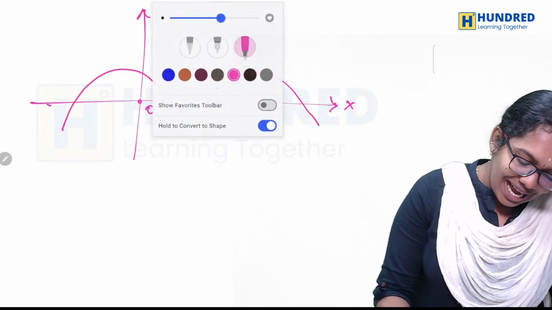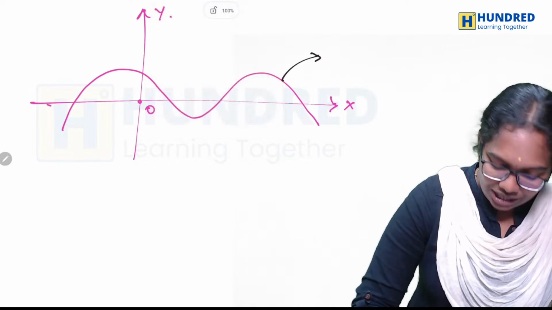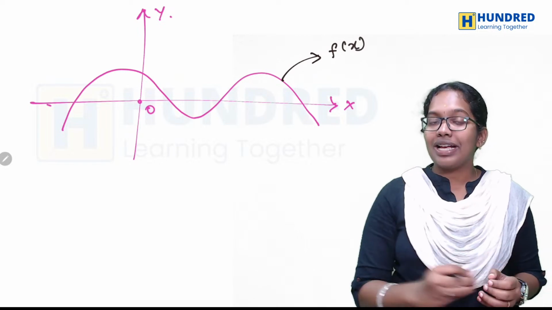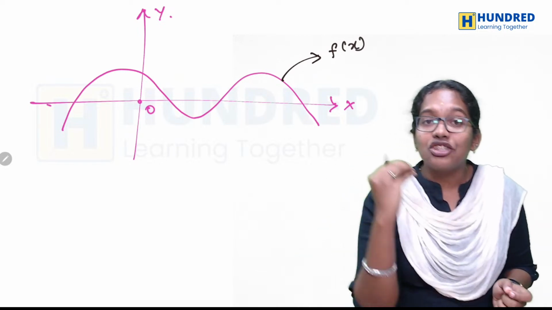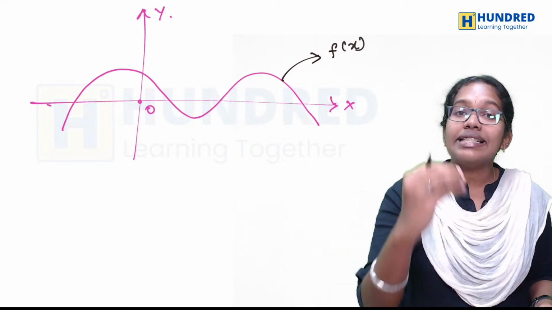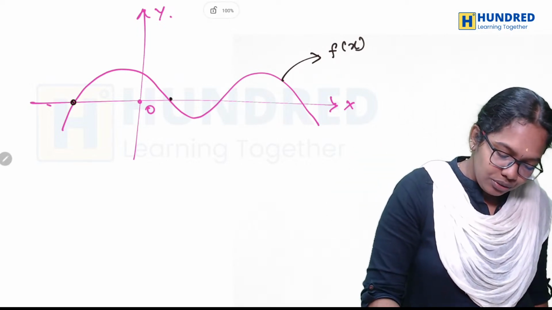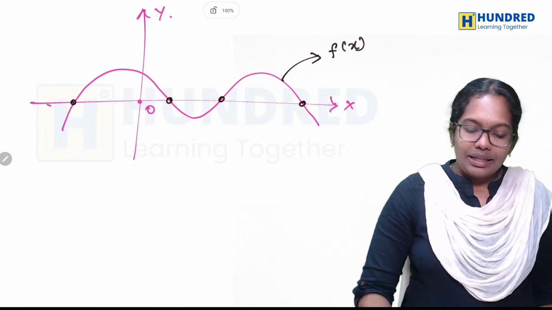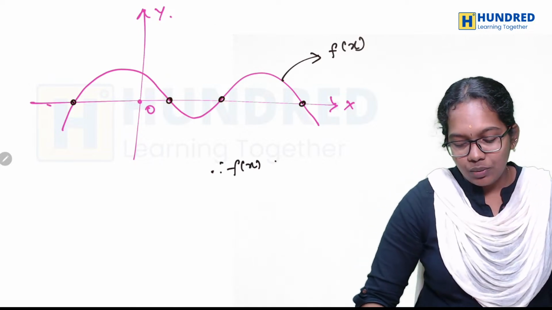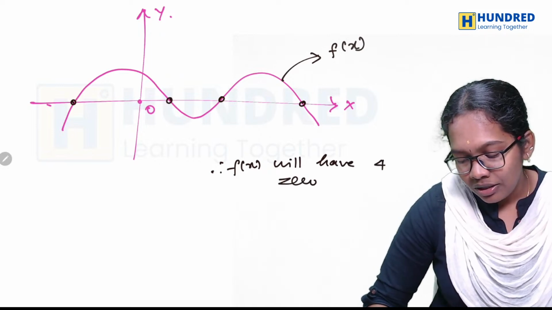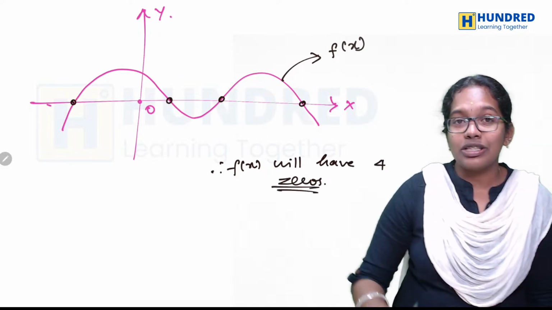This curve would have been formed out of a polynomial f of x, and it is touching or intersecting the x-axis at how many points? 1, 2, 3 and 4. Therefore f of x will have 4 zeros.